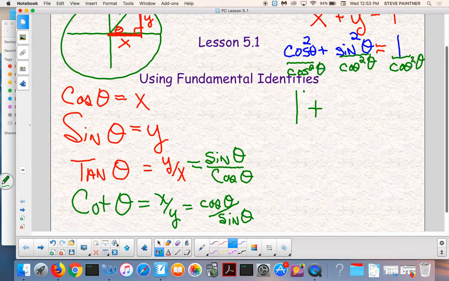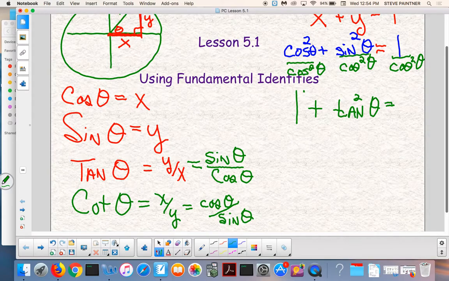Then we come over here and we answer this question. If I took the Pythagorean identity and divided by cosine squared, I get 1 plus, what do you think that is? Sine squared over cosine squared. Sine over cosine is what? Tangent squared. Yep. Tangent squared of theta equals 1 over cosine squared.